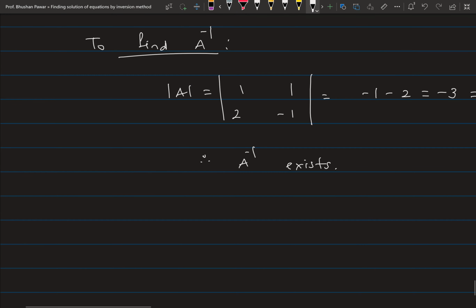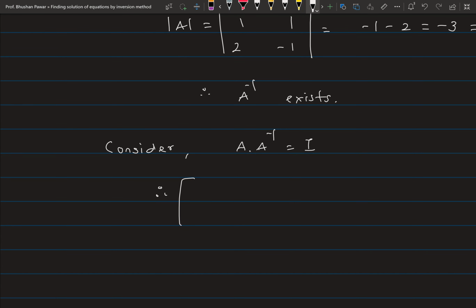Now consider A into A inverse is equal to I. Therefore A as 1 1 2 minus 1, into A inverse, is equal to I, which is 1 0 0 1.